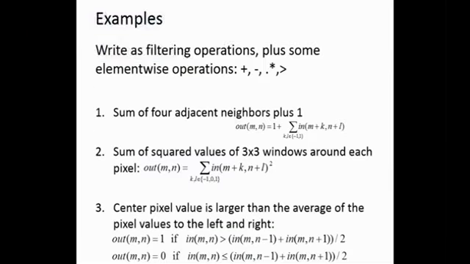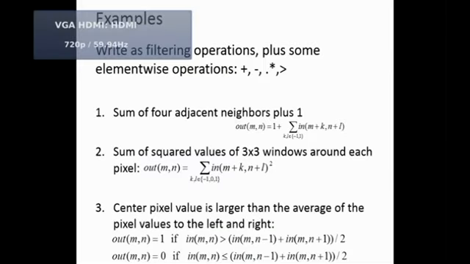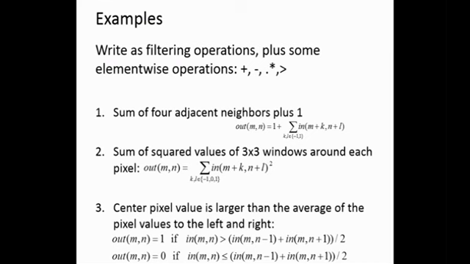Okay, so second one. This one is a little trickier, but now that you've seen one, maybe the pattern will start to emerge. So I want to sum the squared values of the 3 by 3 windows around each pixel.